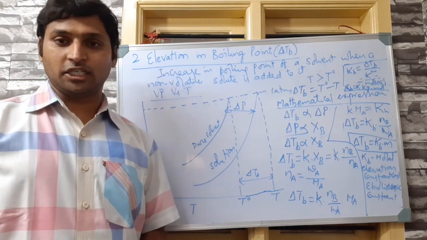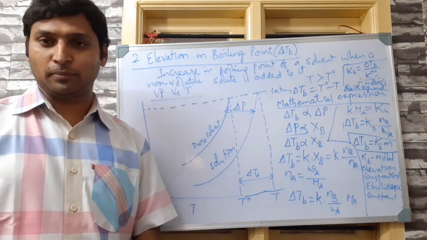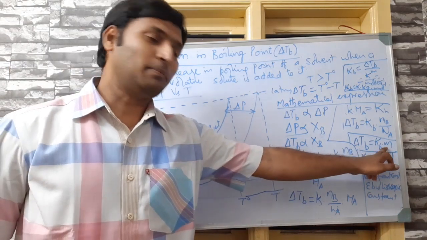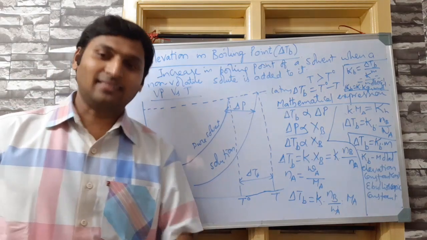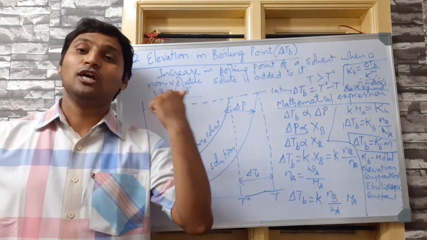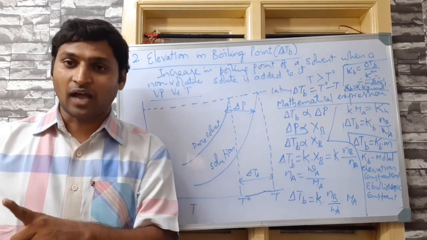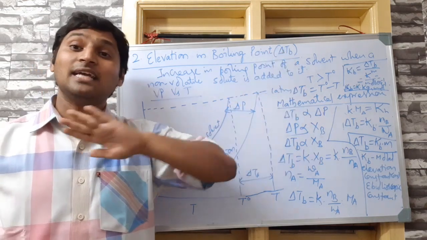Then the immediate question, why is elevation in boiling point a colligative property? The immediate answer, delta Tb is directly proportional to molality of the solution. That means, again the same way, I prepare a solution of urea, solution of glucose, solution of sodium chloride, all with the same molality, then the value of delta Tb will be same.